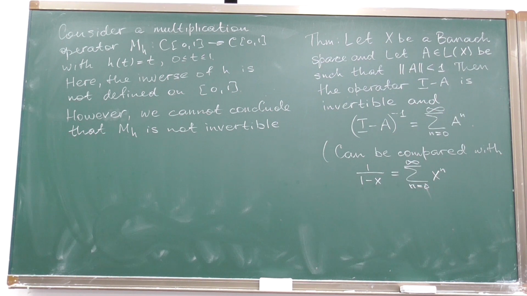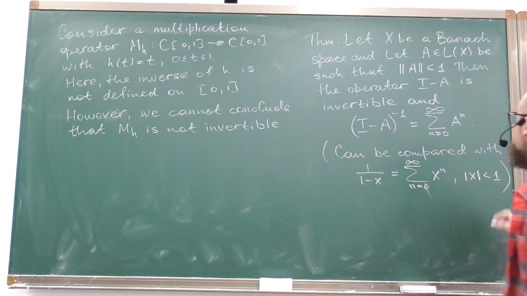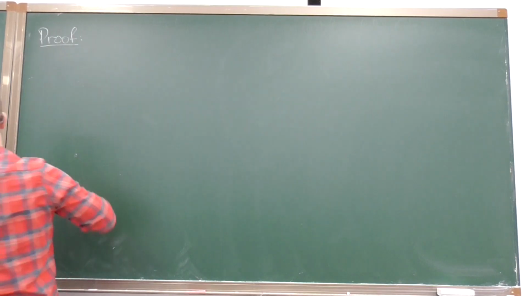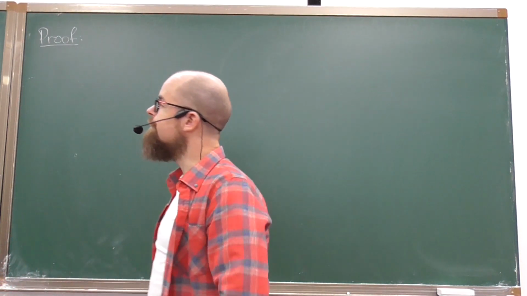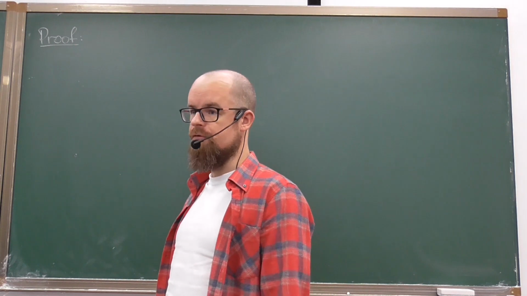This formula holds for any x with absolute value strictly less than 1. So let us first use the condition that the norm of operator A is strictly less than 1.